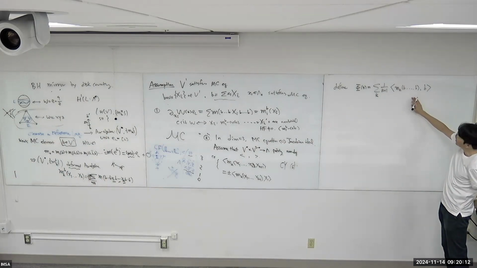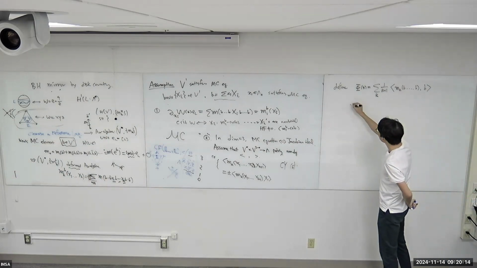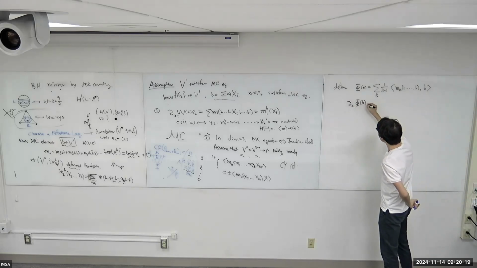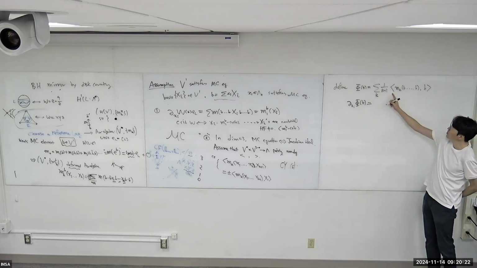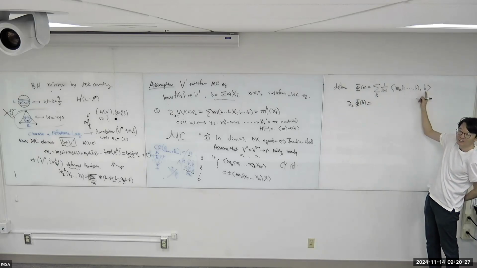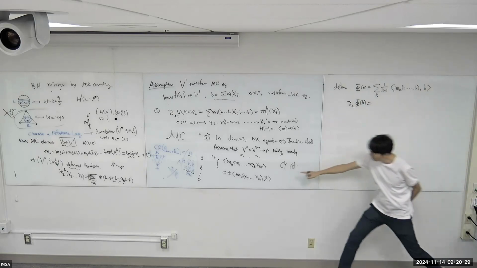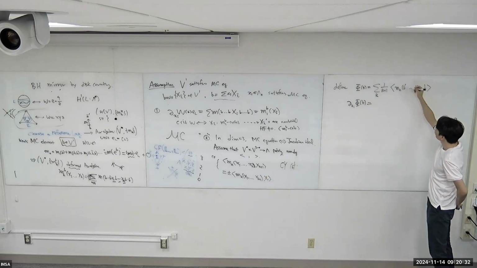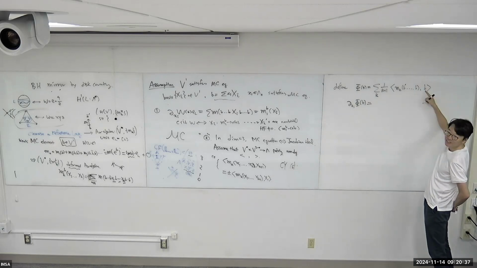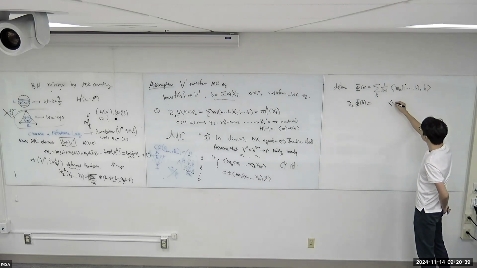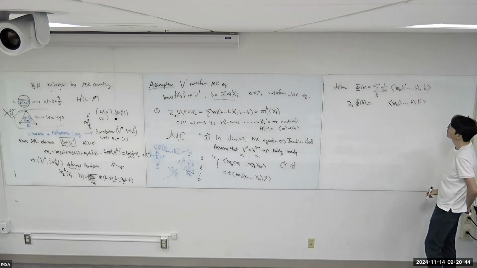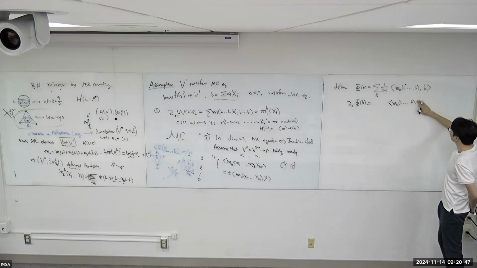let's look at this one, and let's take a derivative of this. The derivative is going to hit either one of the b's here or here. Because we have cyclic symmetry, if we take a derivative here, then we can rotate and move it here. So you can say that this derivative actually hits only here.